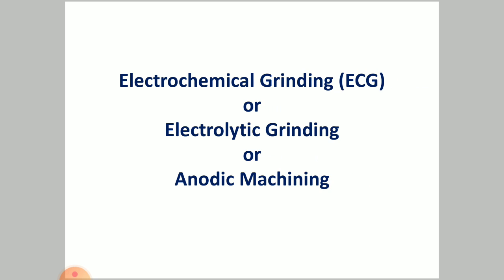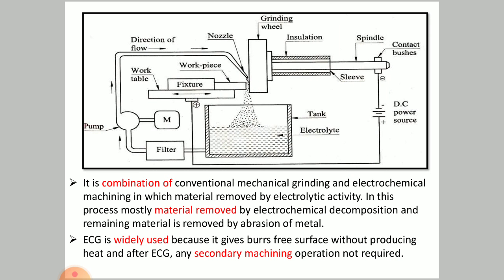In the same series, another similar kind of process is electrochemical grinding, right? Now let us look into the construction. Here we are supplying the electrolyte through the pump and the filter, which is very similar to that of wire cut electro discharge machining.